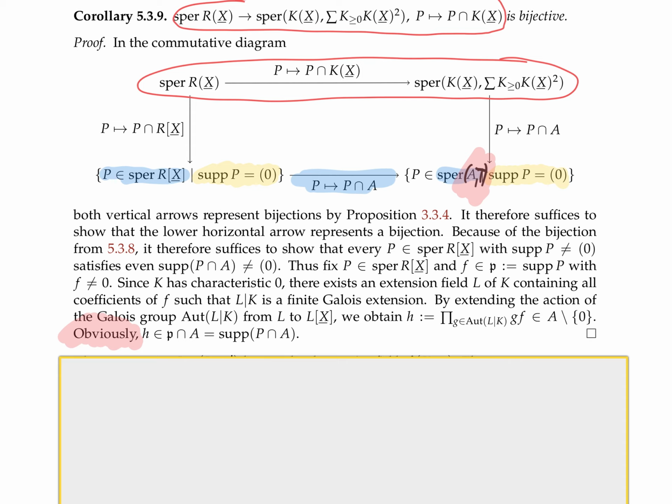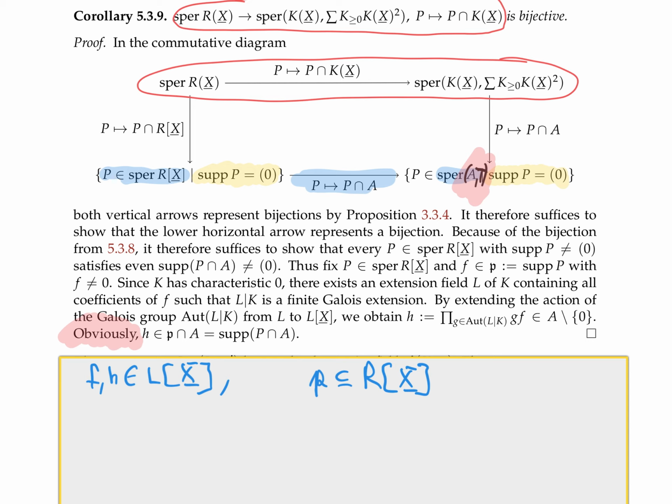F and H both lie in L adjoin X, right? But P is actually an ideal in R adjoin X. So the situation is as follows.